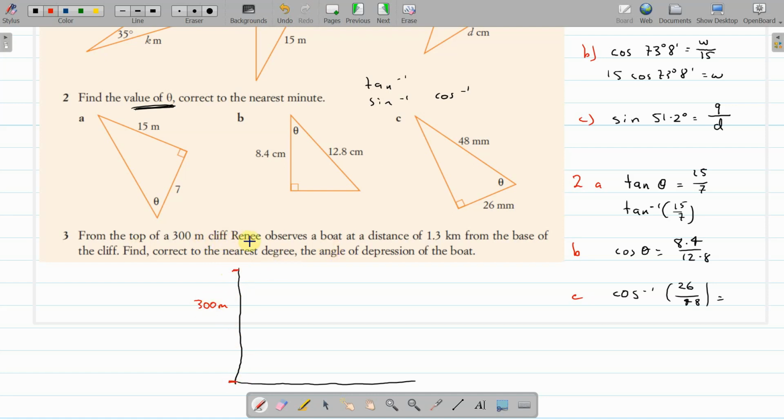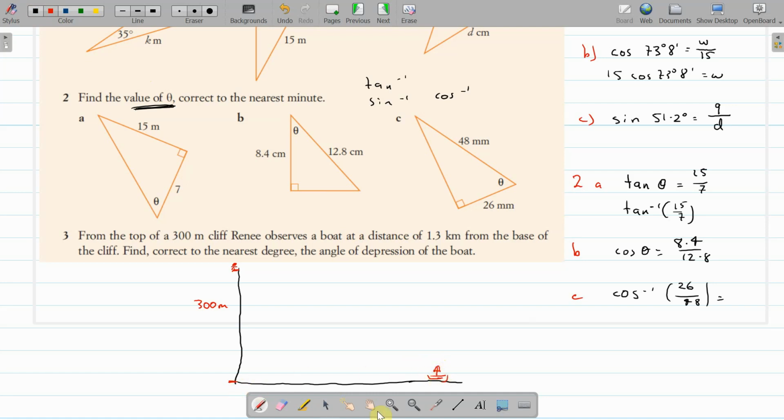Renee's up here somewhere, observes the boat at a distance of 1.3 kilometres. I don't think I can do this to scale, but you get the idea. A boat in the water.